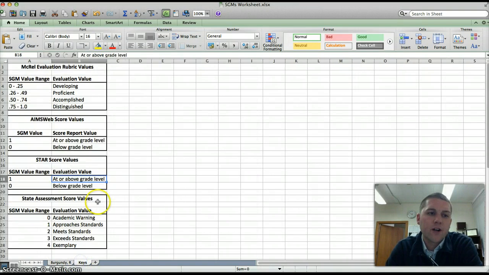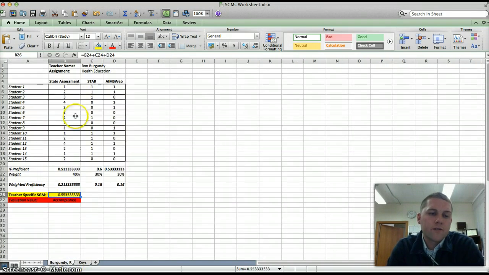If we go back to our key, that SGM value range falls under what we would consider as accomplished. Again, these are values that I assign simply dividing by 4. This would be a local control decision, so if we wanted developing to stop at 0.2 and have proficient take 0.2 to 0.5, it's my understanding that would be perfectly acceptable.